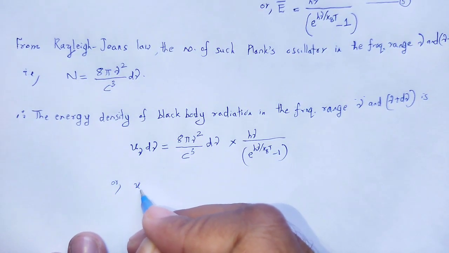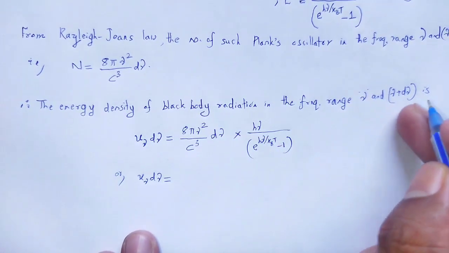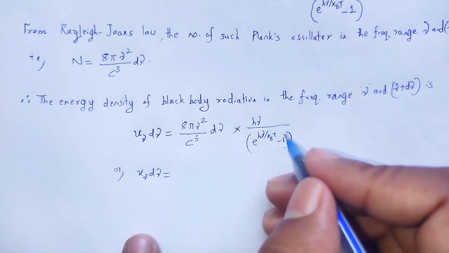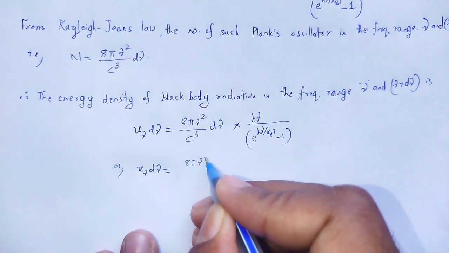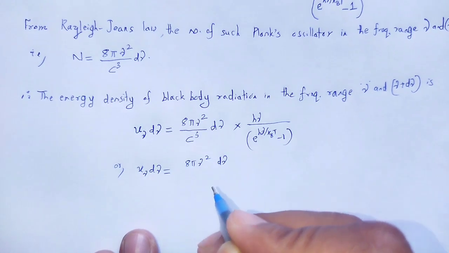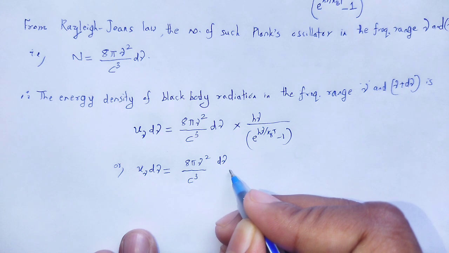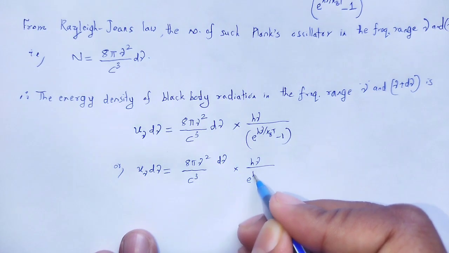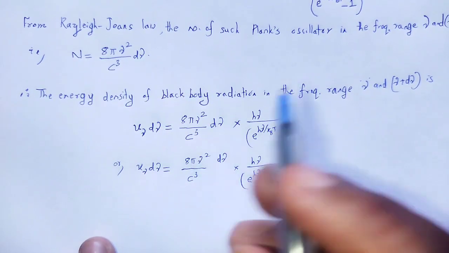So u nu d nu, the energy density of that blackbody radiation in the given frequency range, is equal to 8 pi nu square d nu divided by c cube into h nu divided by e to the power h nu by kBT minus 1.